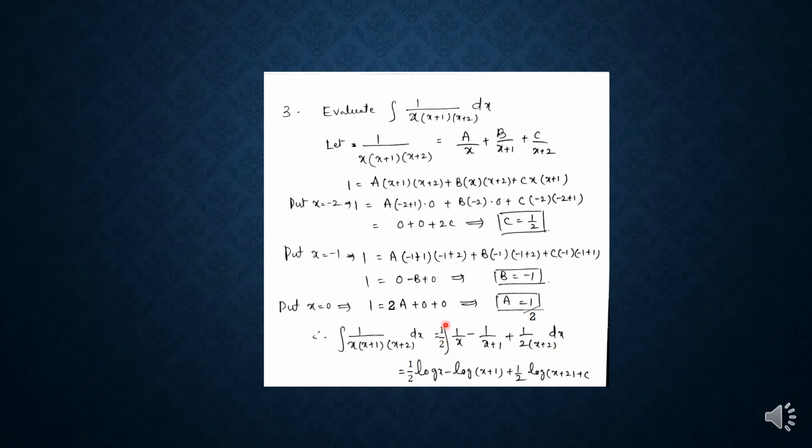This 1 by 2 is only for 1 by x, not for all the functions. So that becomes 1 by 2 into integral 1 by x dx is log x. So 1 by 2 log x minus log of x plus 1 plus 1 by 2 log of x plus 2 plus c. So this is the solution for this problem.